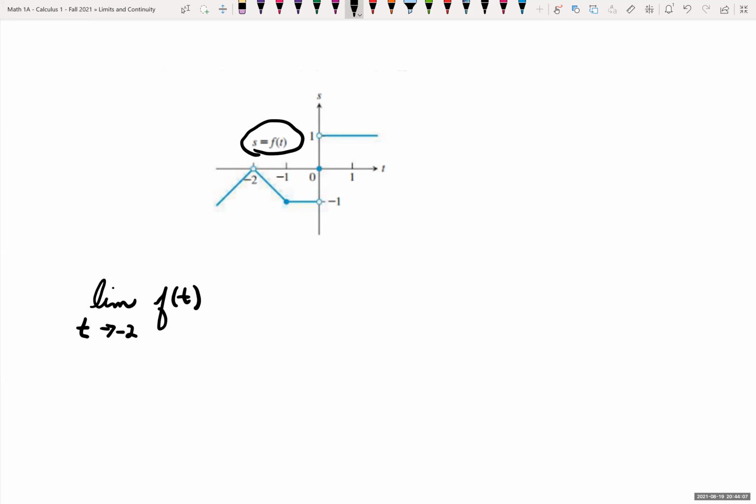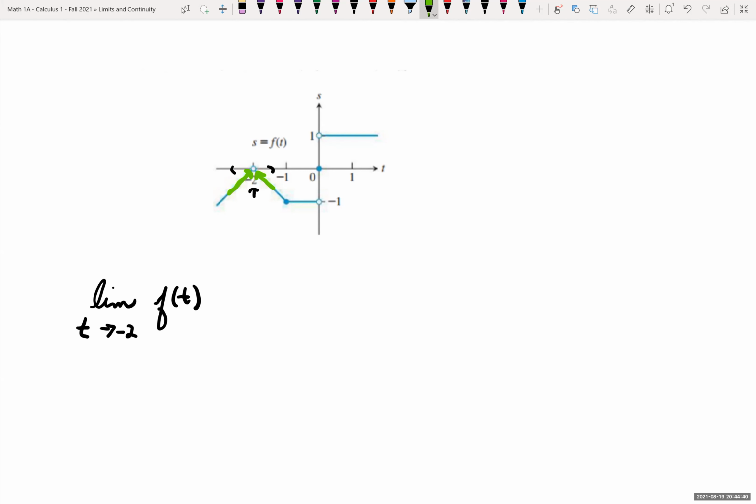So again, all you're going to do on the graph is locate the value at which you're looking at the limit. In our case, it's t equals -2. And you're going to go to the left and the right of this value and see, are we coming into the same y value as we come in on the left and the right of -2?